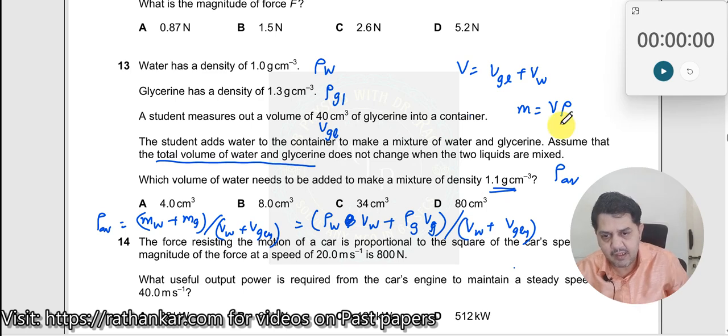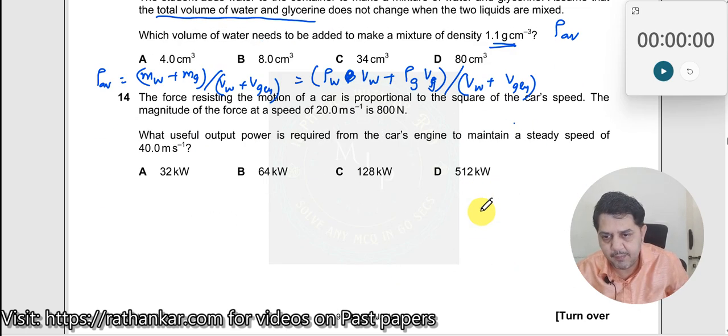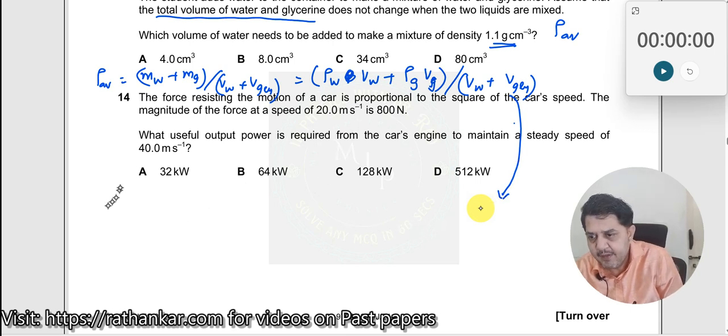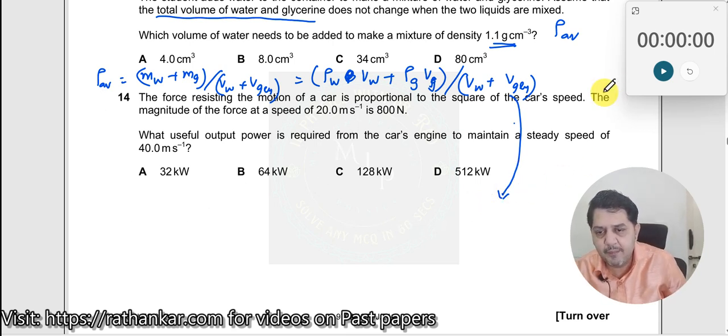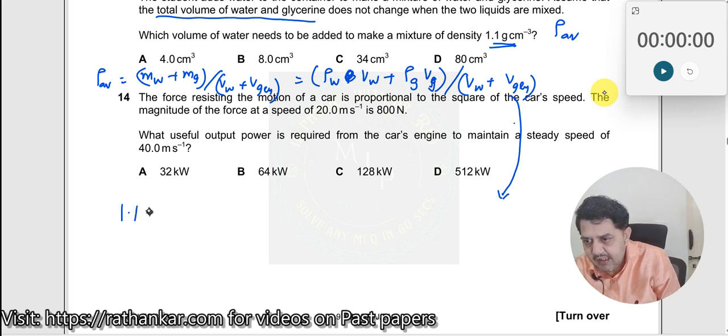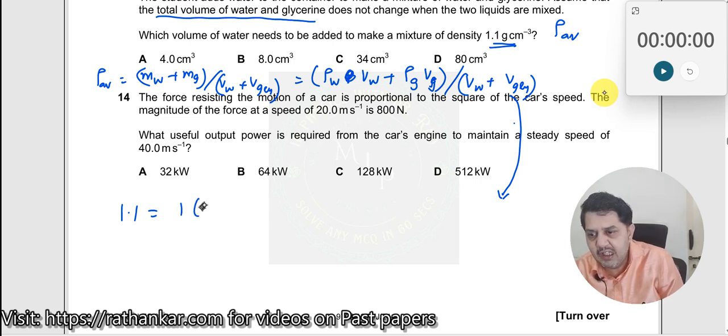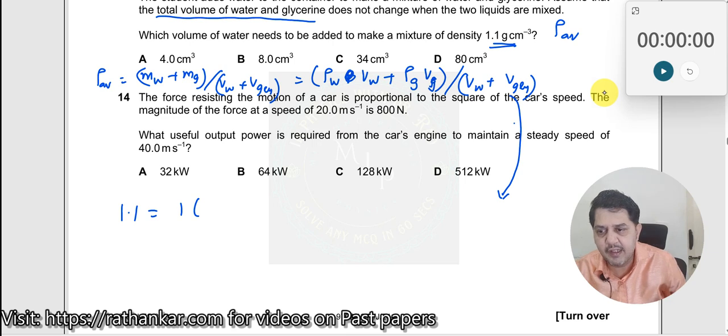Now I'll take up this page also a little bit more. I'll write it here because I don't have space. So what is rho average? 1.1. I'll just substitute all the values. 1.1 is equal to, what is rho W? Rho W is density of water, which is 1, multiplied by volume of water. What is volume of water? I don't know. That's what I need to find.